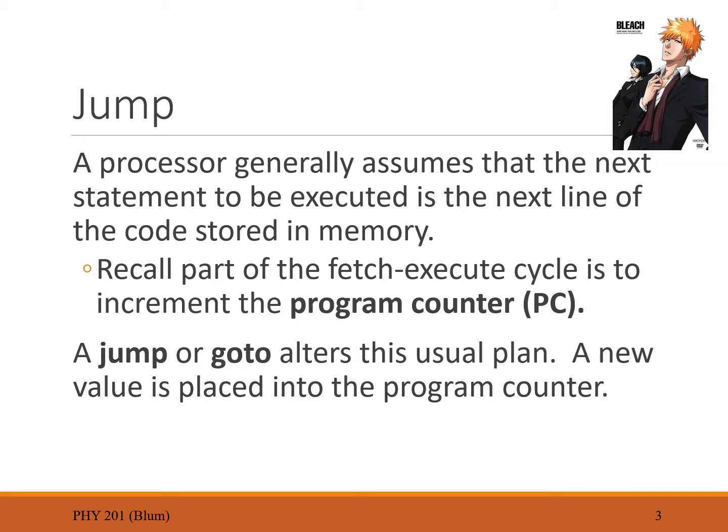You move from 12 to 13. So the program counter was given the 13, assuming that the next instruction in the program will be 13. But this jump instruction is going to change that. It's going to give some value to the program counter and move to another part of the code entirely.